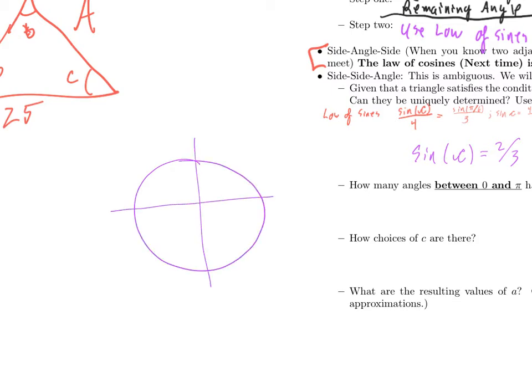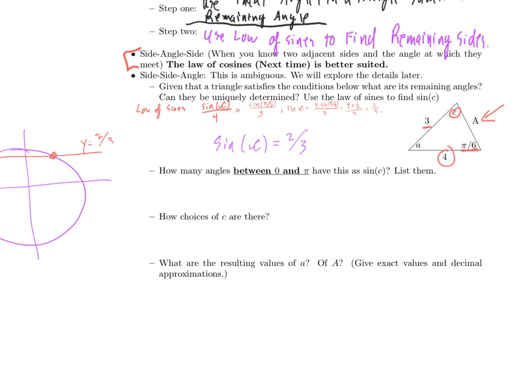let's draw a picture. So there's the unit circle. Here is a line, because sine is the y value. So I'm going to draw a line at y equals 2 over 3. It looks like there are two. There are two angles. And in fact, we know how to find them.